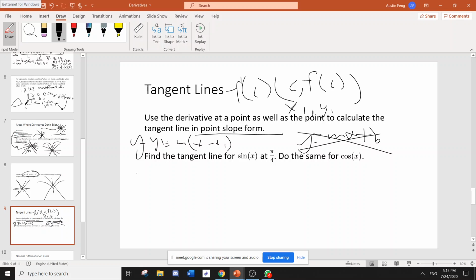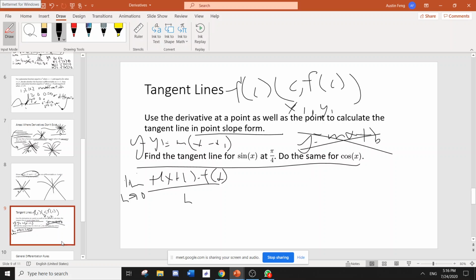So let's find the tangent line for sine of x at pi over 4, and let's do the same for cosine x. We need to find the derivative of sine of x. So the limit as h goes to 0 of f of x plus h minus f of x all over h is equal to sine of x plus h minus sine x all over h.